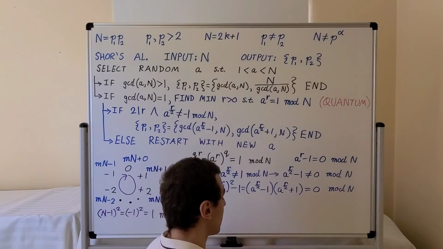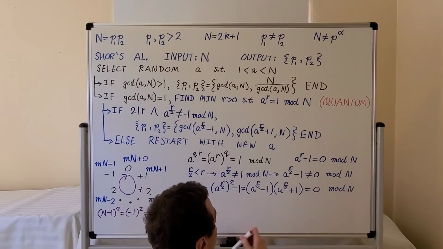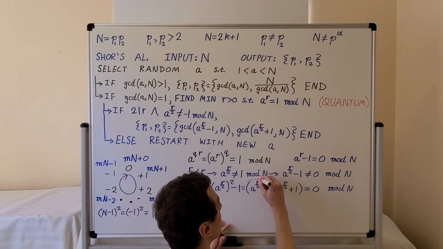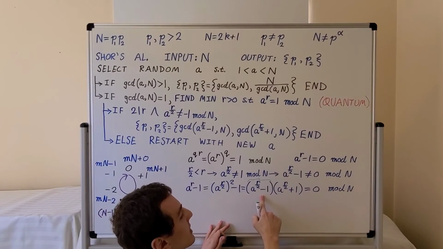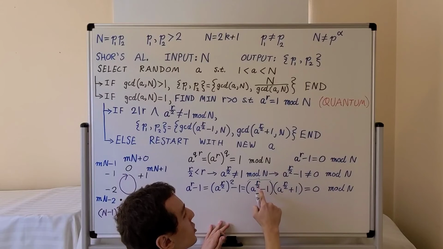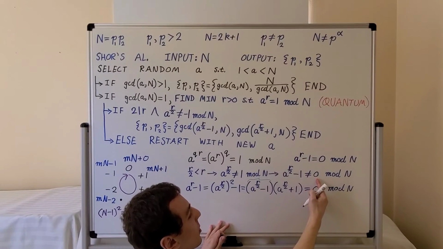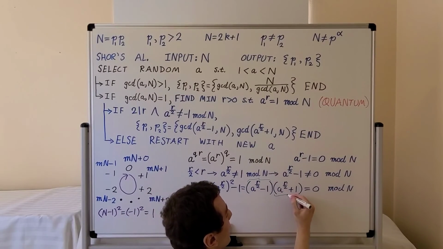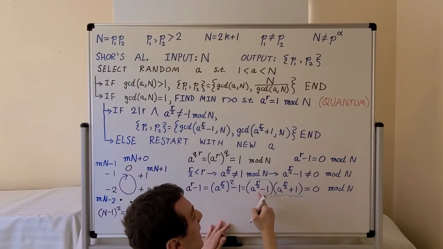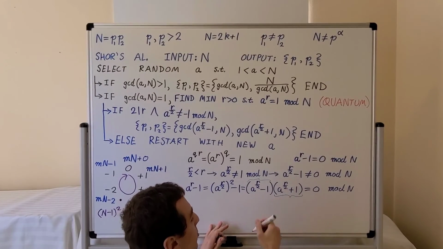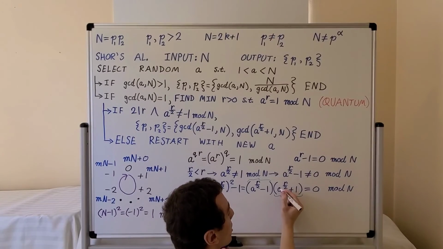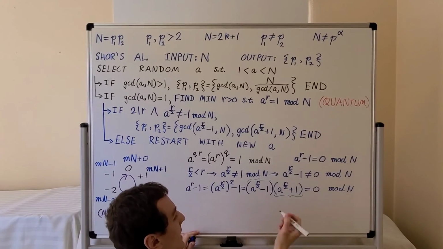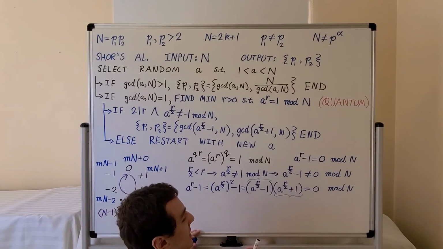If we look at this first value over here, so imagine this first value is the one we're interested in. This reasoning over here prohibits it from being equal to 0. So a to the r/2 minus 1 is not equal to 0. But what about this value over here, where we have a plus instead of a minus? This is where we could run into some problems. Now, let's examine where the problem could come from. So we're asking the question, is this equal to 0?